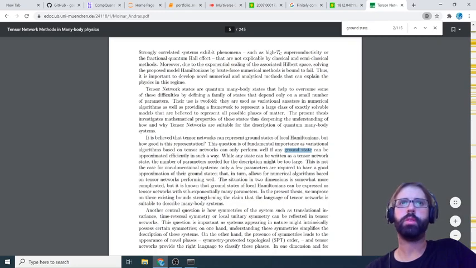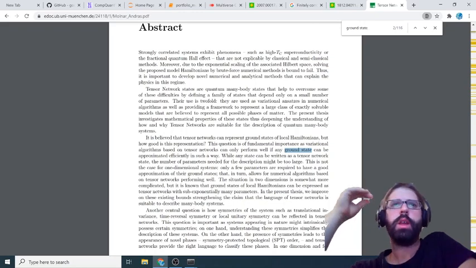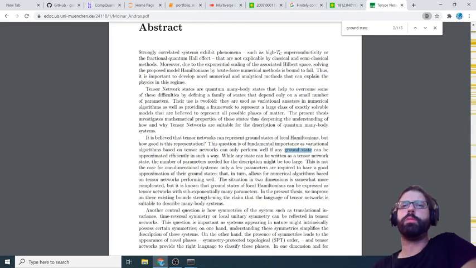Variational algorithms based on tensor networks can only perform well if any ground state can be approximated efficiently in such a way. While any state can be written as a tensor network state, the number of parameters needed for the description might be too large.